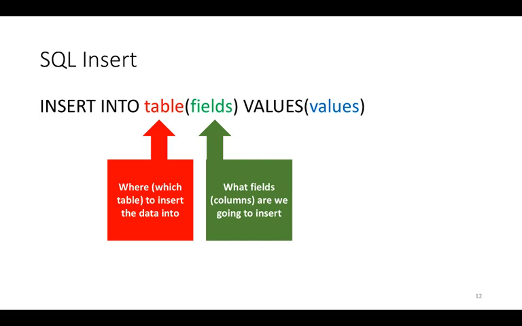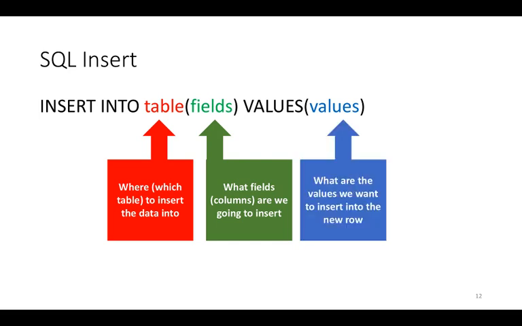We often have missing data, partial data. When I create a new customer record, I might need to know a name and a phone number, but I wouldn't necessarily know address, fax, mobile, all of these other bits of information. So what are the fields, what are the columns that we want to actually insert into the record? And then what are the values that we want to put into those columns?